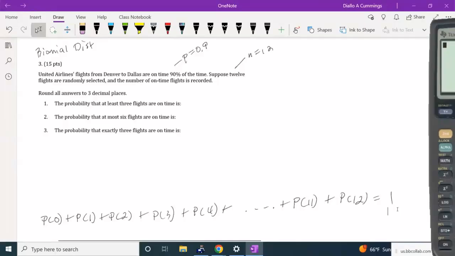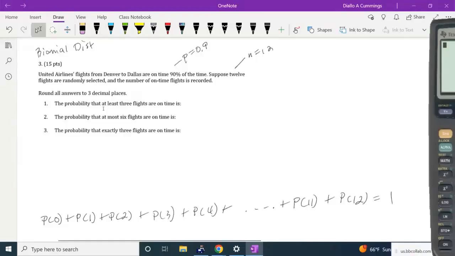Okay. So I'm going to use this to find what we're asked to find in the problems. So remember, the binomial PDF is an exact value. The binomial CDF, that cumulative distribution, gives you the probability at a point and all of those probabilities prior.